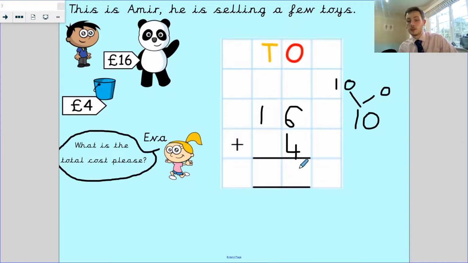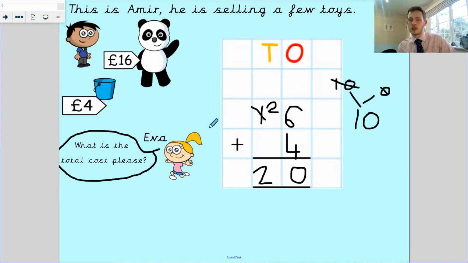So you must put your 0 down here in your ones, cross that one off, and your 10 must jump from the 1 side over to the 10 side. So that 10 becomes 1 more 10. Now it's changed from a 1 to a 2. You've got 2, add nothing is 2. So your answer is going to be 20.